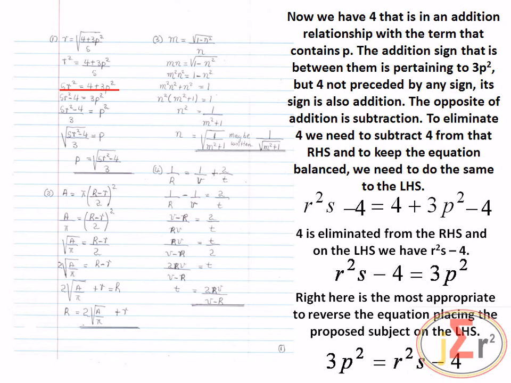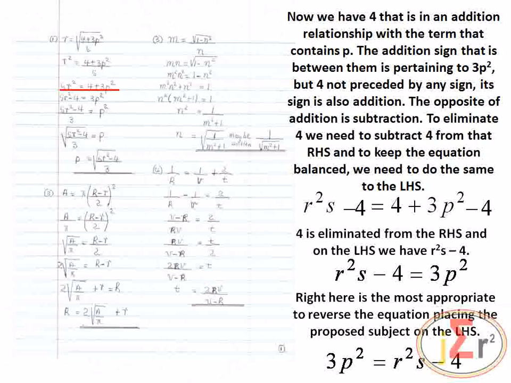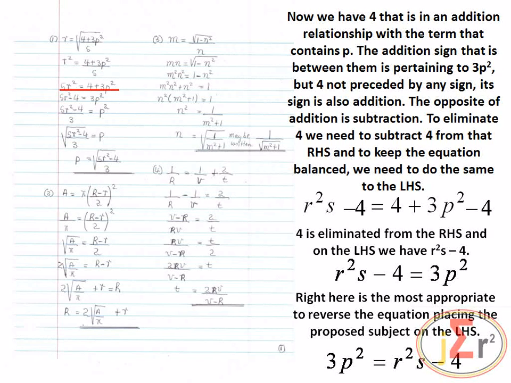So there we have reversed the equation, writing 3p squared on the left hand side. We are just taking the proposed subject to the left hand side at this stage, because it will eventually be written there. And of course we have r squared s minus 4.